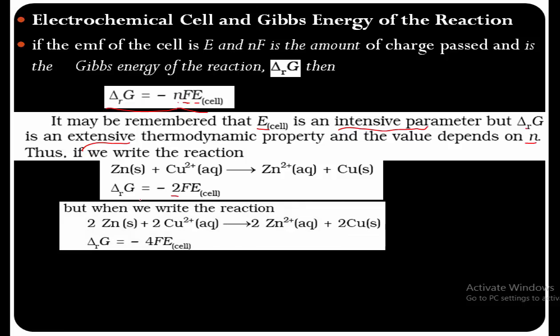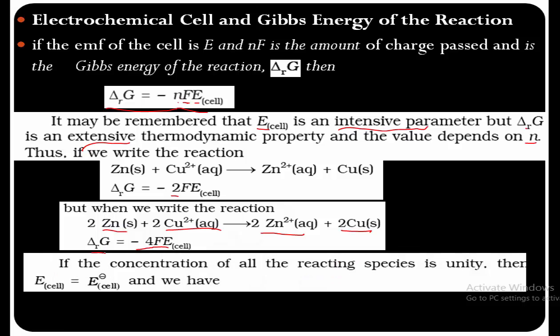And when we consider 2 moles of Zn, 2 moles of Cu2+ and 2 moles of Cu, then we can write it as minus 4F E0 cell. So as number of moles of electrons changes, the value of delta Gr, that is Gibbs energy of the reaction, will also change.